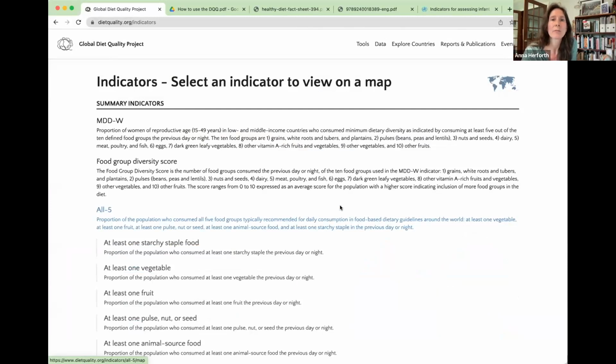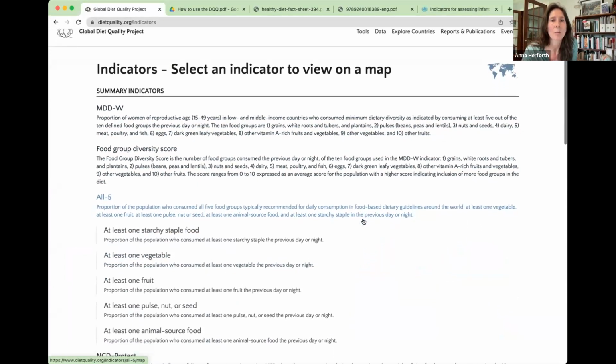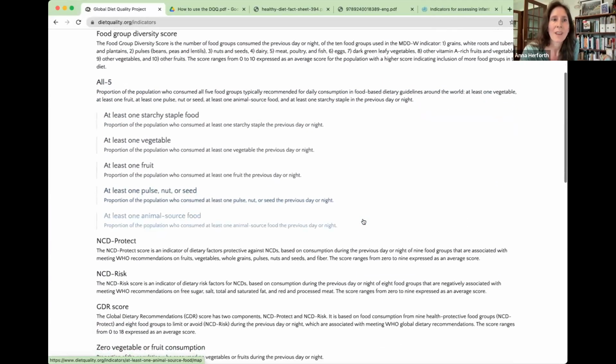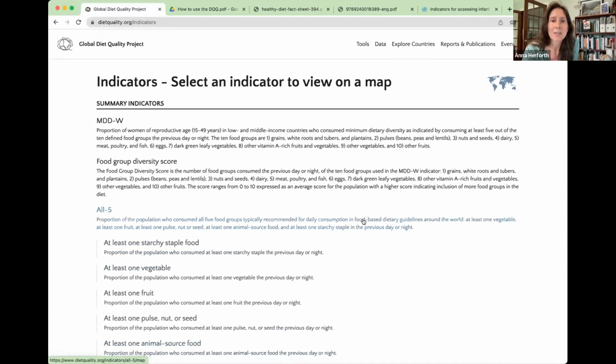And you can always refer back to this page by clicking on Data and going to the indicator to read the definition of what these indicators are representing. This is an interactive page, so you can click on each of the indicators and see the data across countries.